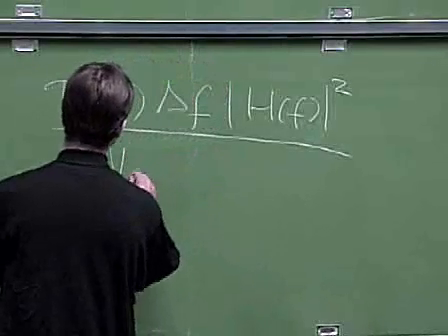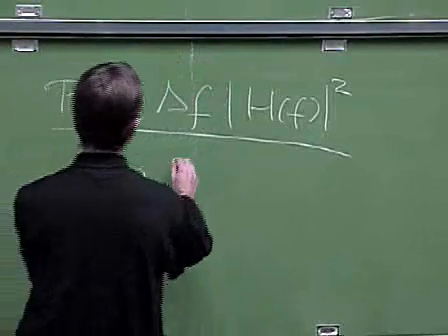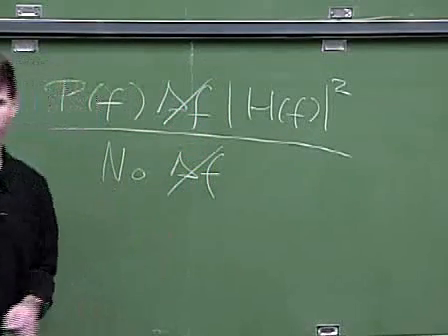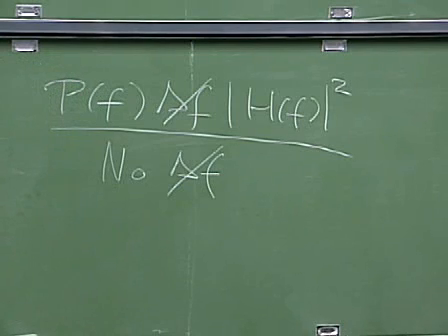Well, N0, which is the noise density, times delta F. I can cancel these, and we find that the SNR around frequency F is P of F times magnitude squared of H of F divided by N sub 0, where N sub 0 is the noise density in watts per hertz. So this is watts per hertz, this is watts per hertz, and this has no dimensions. So the whole thing has no dimensions, as it should. It's a ratio.